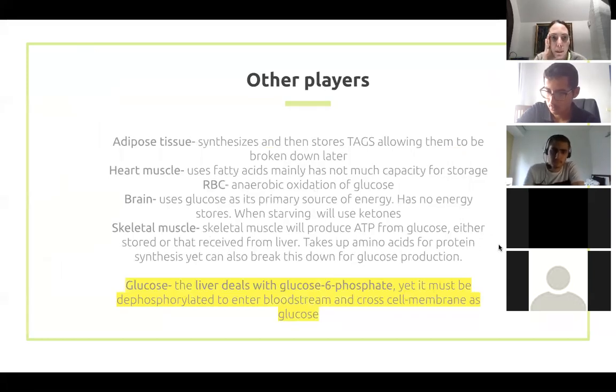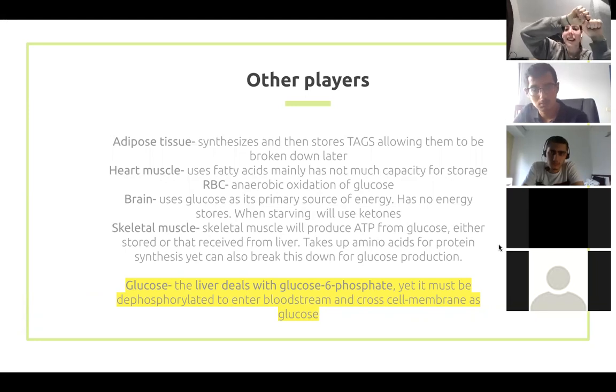One super important point, which I put in yellow: glucose in the liver is glucose 6-phosphate, but you can imagine this phosphate group is polarized. So this glucose with the phosphate attached can't actually cross the cell membrane to go into the bloodstream to be sent out.